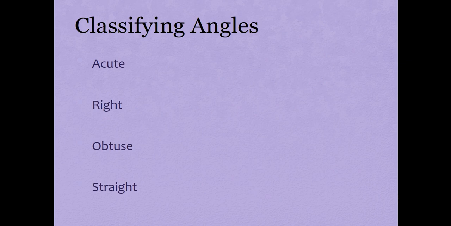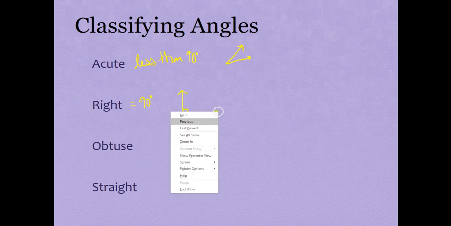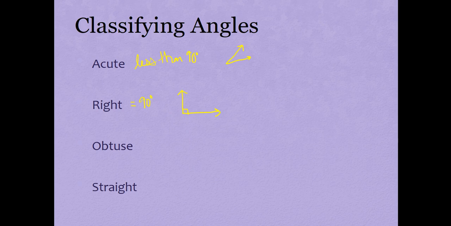So we have 4 things we can do for classifying angles. Acute angles are angles that are less than 90 degrees, so something smaller. A right angle equals 90 degrees, and we show that with a little box in the corner to show that it's a right angle. Obtuse angles are greater than 90, but they have to be less than 180.